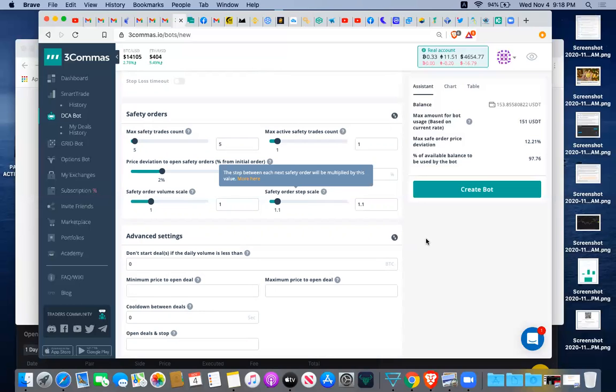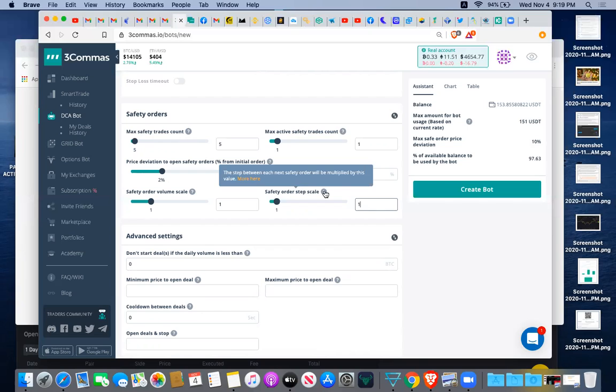So when you first buy the first safety order, the next one is going to be 1.1 times more than the first one. So in that order, it actually makes sense. But sometimes you may just leave it at one.